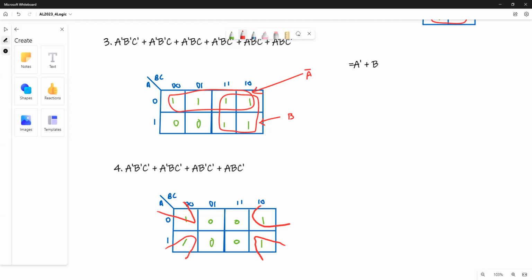Let me show you a graphic of what I'm going to do. It will be one single group, something like this.